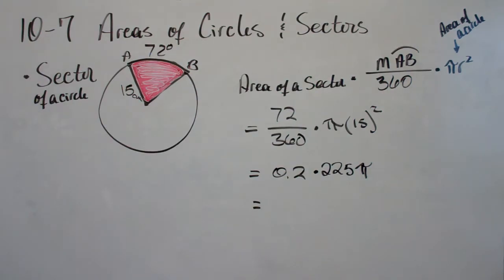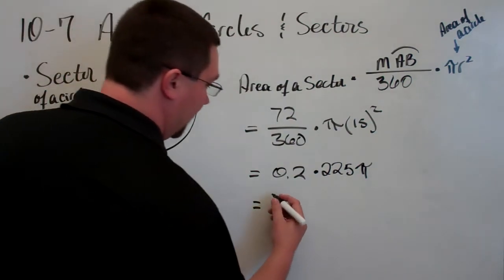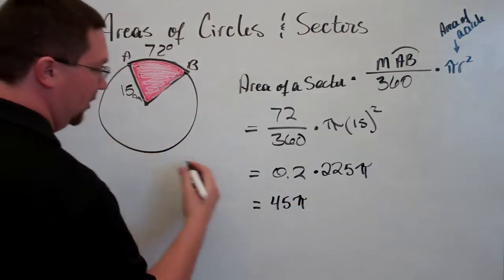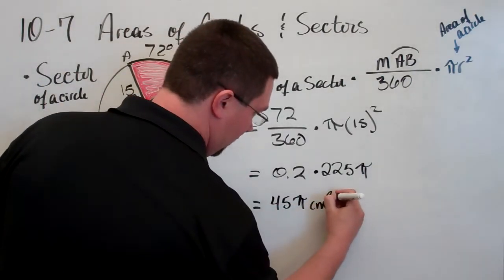For a lot of these answers, you're going to leave them in terms of pi, which basically means don't worry about pi. Don't try to convert it. Don't try to multiply it. Just bring it along for the ride. So 0.2 times 225 is 45 pi, and our units are centimeters squared.